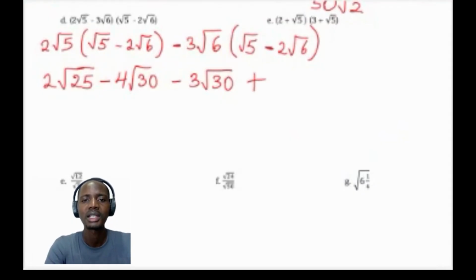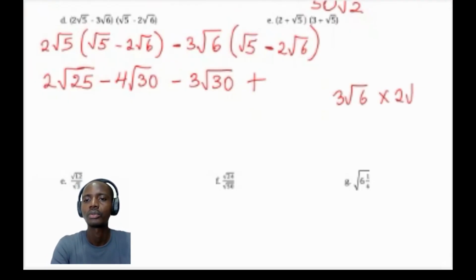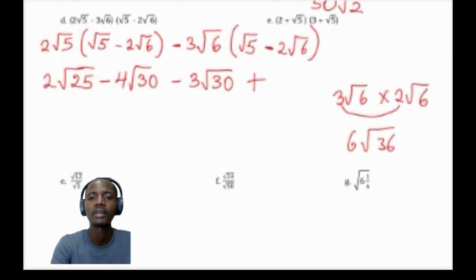So 3 root 6 times 2 root 6. 3 times 2, that is 6. 6 root 6 times 6, that is 36. So we have 6 root 36.